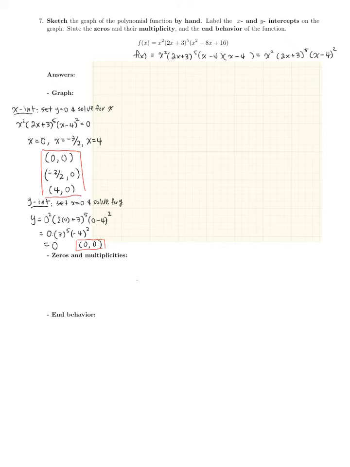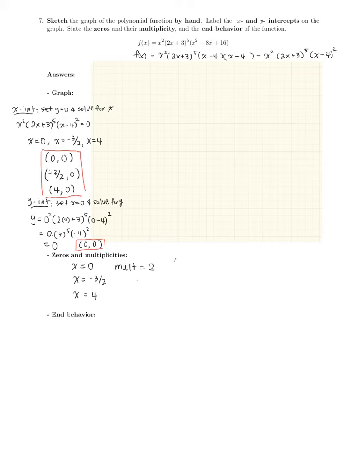Okay, so now let's go with the zeros and multiplicities. The zeros are x equals 0, x equals negative 3 over 2, and x equals 4. Now let's go back. For x equals 0, we're looking at the factor x squared. In this case, the multiplicity is even; in fact, it's 2. Multiplicity is 2, so that means your graph is going to behave like a parabola.